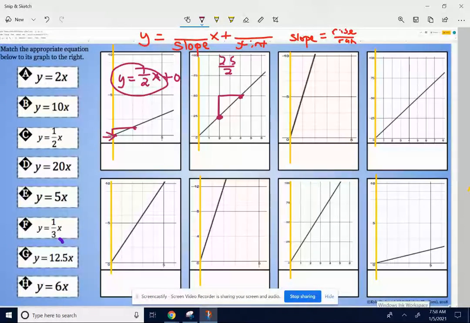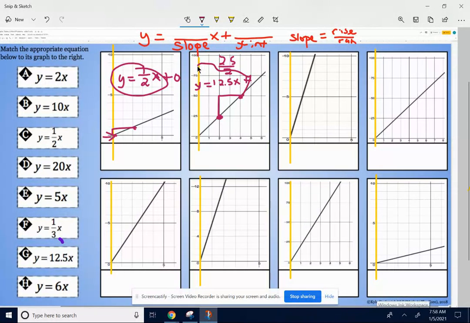Now I could go ahead and divide that. 25 divided by 2 is 12.5. So my equation would be y equals 12.5x.